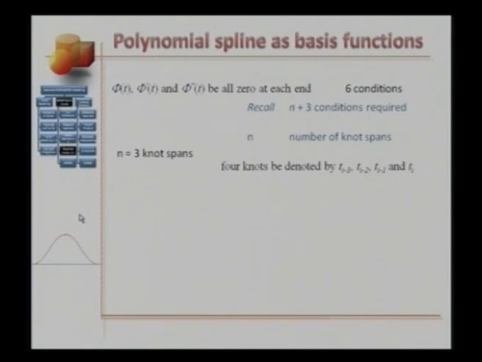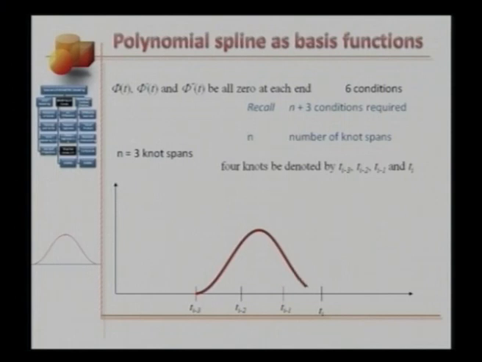Remember that we would know the values of the knots beforehand, before attempting to construct the B-spline basis function. So this is the parameter axis, the t-axis, and this is the spline axis, or the phi axis. We plot ti minus 3, ti minus 2, ti minus 1, and ti as 4 knots. The idea is to be able to construct this bell-shaped curve.